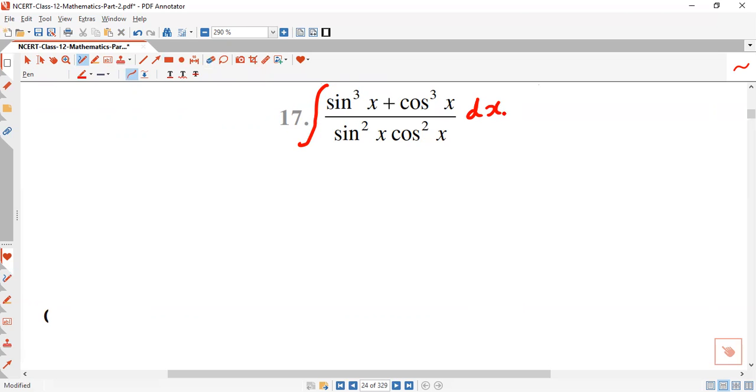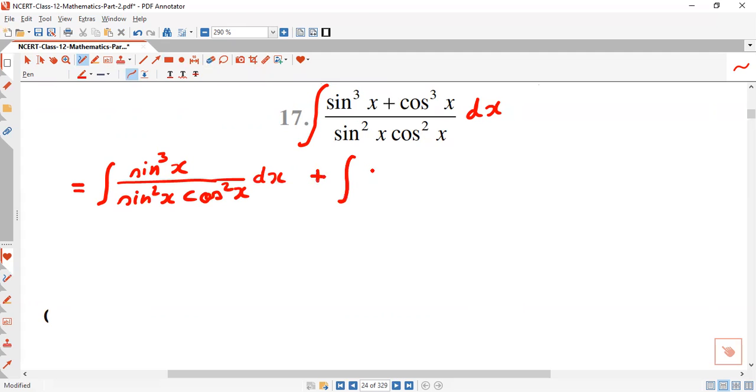Let me separate the terms. If we separate the terms, we get the integration of sin cube x divided by sin square x cos square x dx plus the integration of cos cube x divided by sin square x cos square x dx.